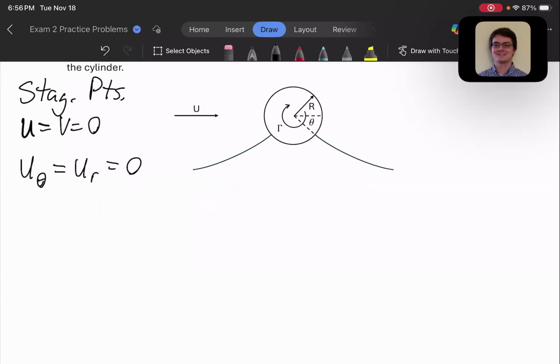All right, for our velocity potential, what's the first element here we're going to consider? Later, don't worry, later. You get a harder question. What's the first element we're going to consider here? Okay, and what's the function for the velocity potential of a uniform flow? Yep.